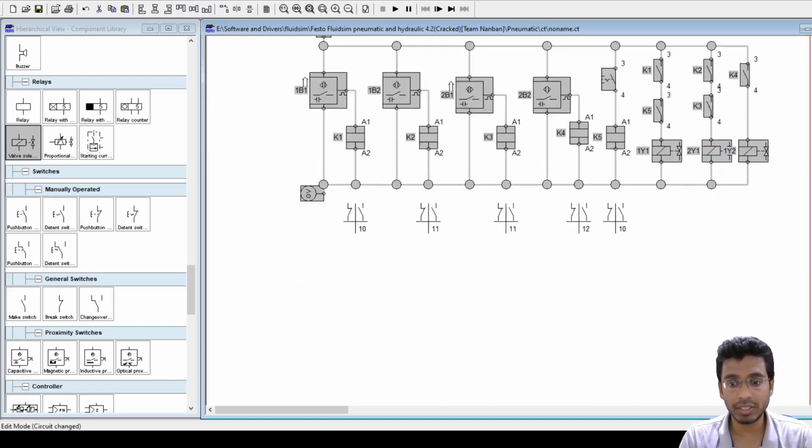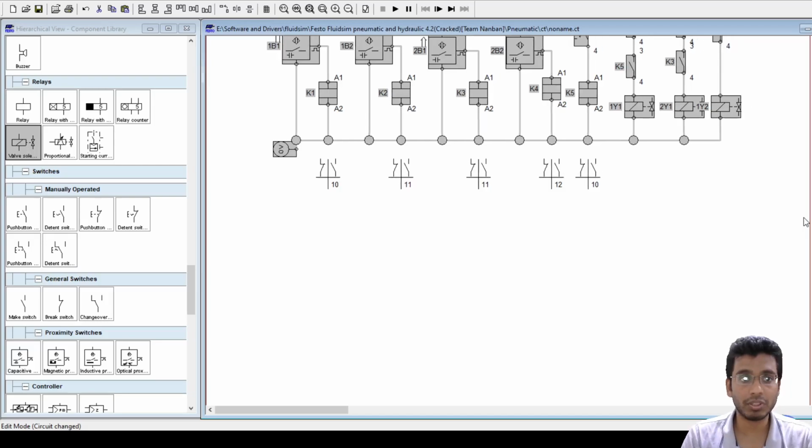Fine, just let me shift the entire circuit a bit more towards the left so that you can see it.